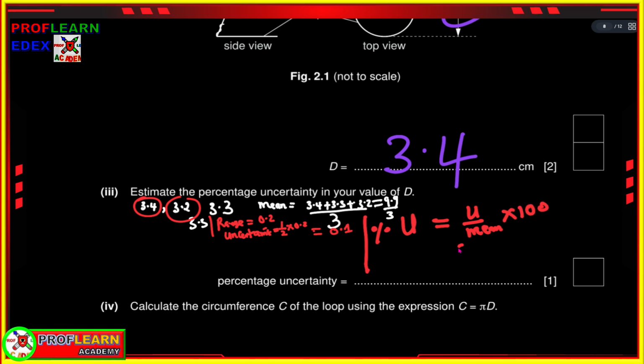So that's going to be 0.1 over 3.3 times 100. If you work it out, our answer becomes 3.0%. So basically that's what you are supposed to do.